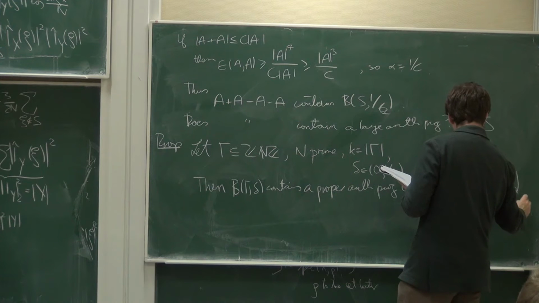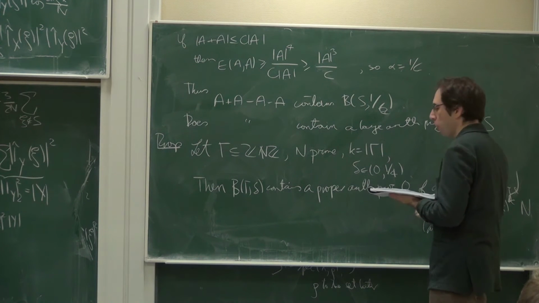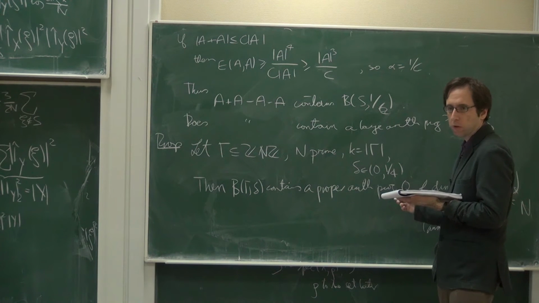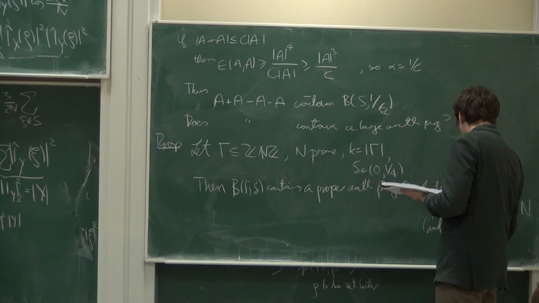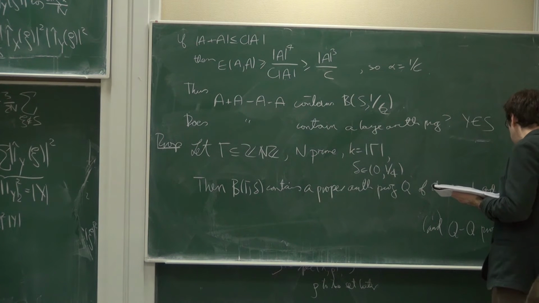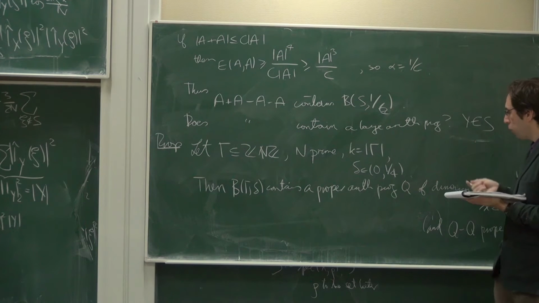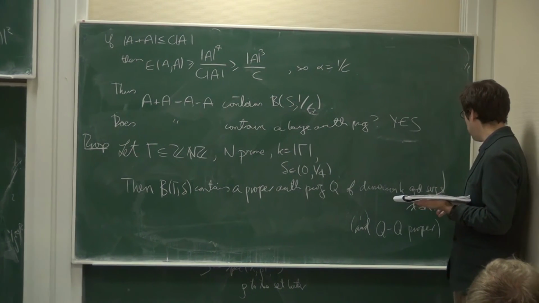I will even give you something for free. If Q is proper, if Q is an arithmetic progression, then Q minus Q is also an arithmetic progression. We will prove a bit more than just this. We'll also have, and it's useful for our purposes, Q minus Q is proper. At any rate, the main thing is that the Bohr set contains a fairly large proper arithmetic progression.